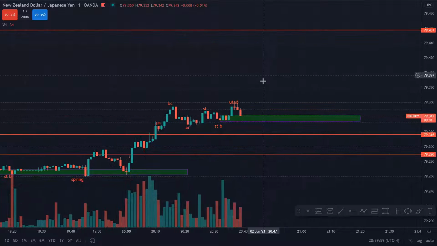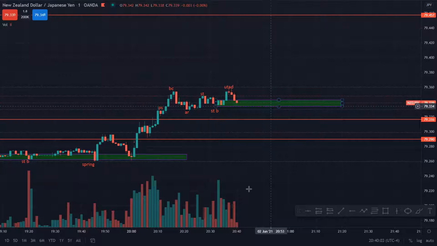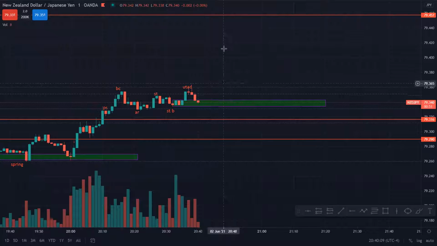In any case, we're getting out with a profit, so it doesn't really matter how this thing moves. But we are seeing some volume coming into this market now towards the bearish side. Again, I'm not too convinced that this is a complete reversal, but if it is, then we could be getting a retest, and at that point we would know, and we would get out of the trade.